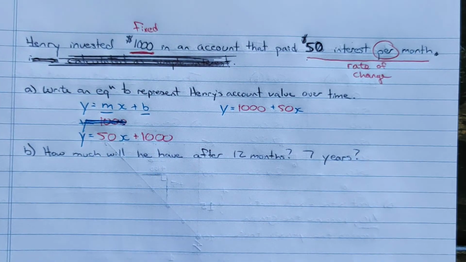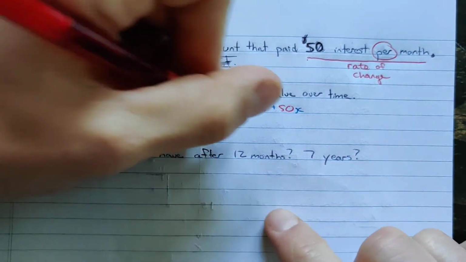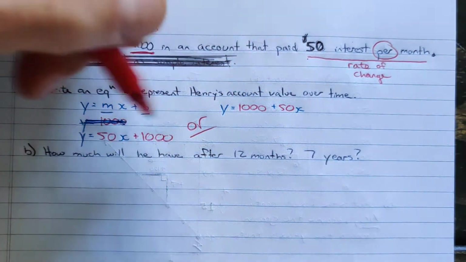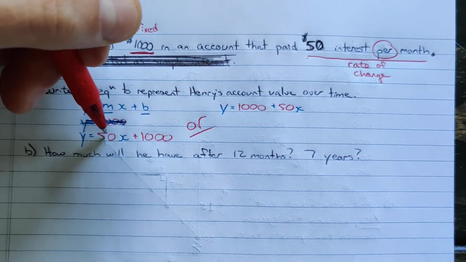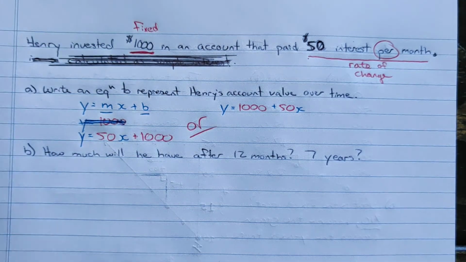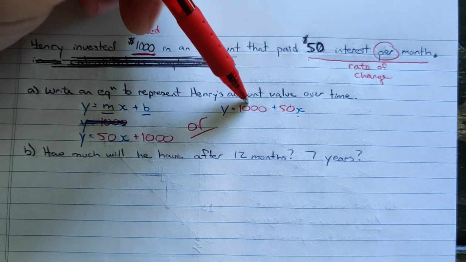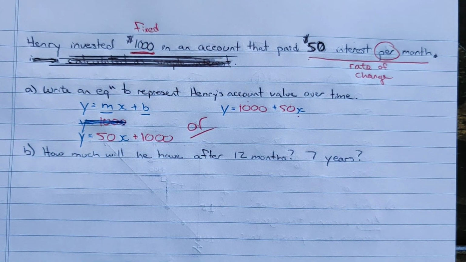Both of them will result in the same answer. We usually state the formula as y equals mx plus b, but as long as the rate of change is with the x and the b value is the one that is the constant added by itself, it doesn't matter which order you write this in.